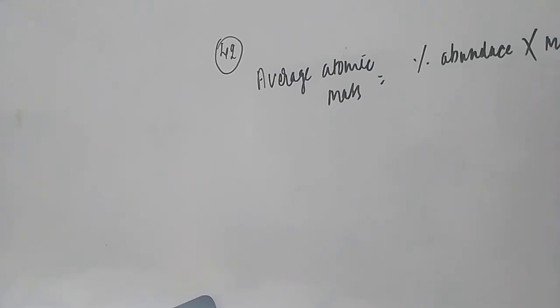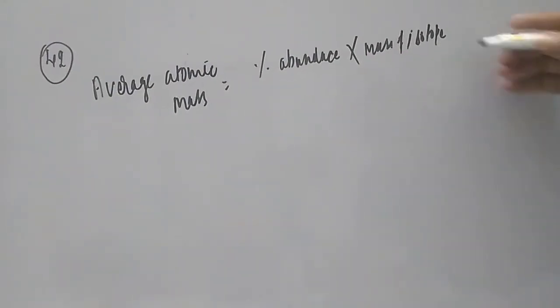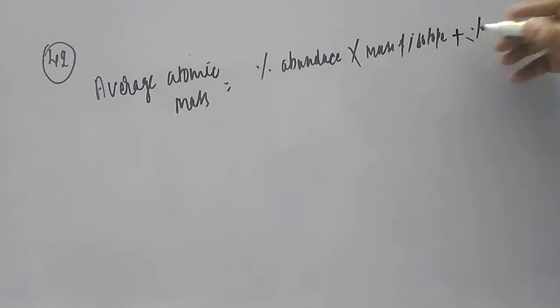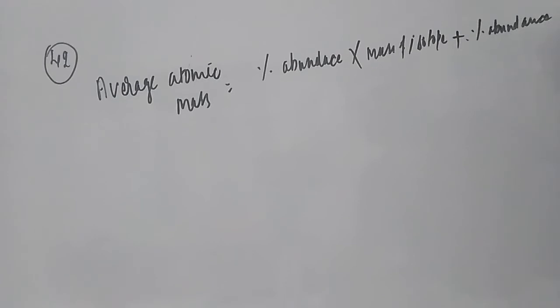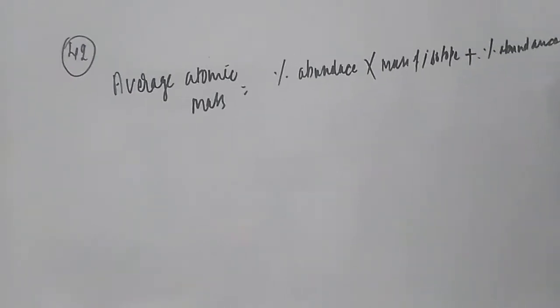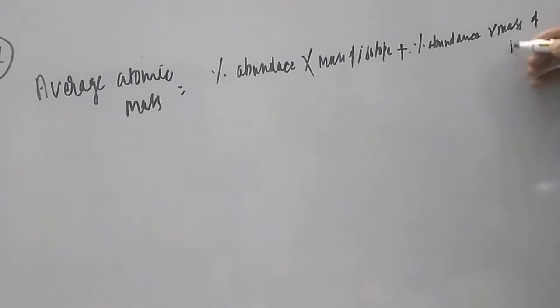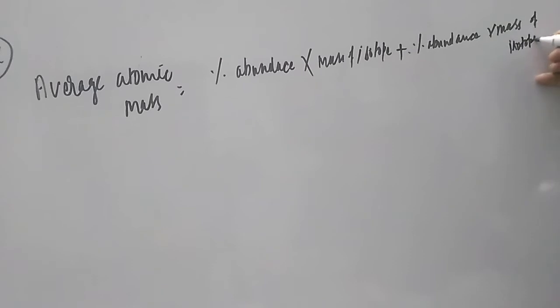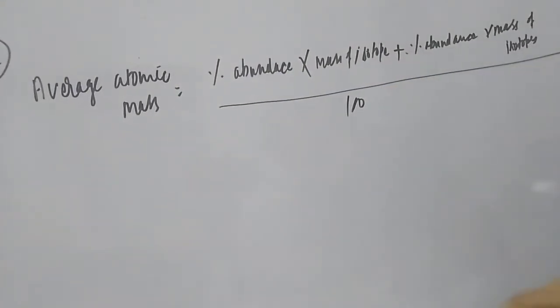Then again, what is the second isotope there, student? 2 isotopes they have given. So for the second case it will be positive, again percentage abundance for the second one, multiplied by mass of isotope, divided by total, divided by how much, student? 100.